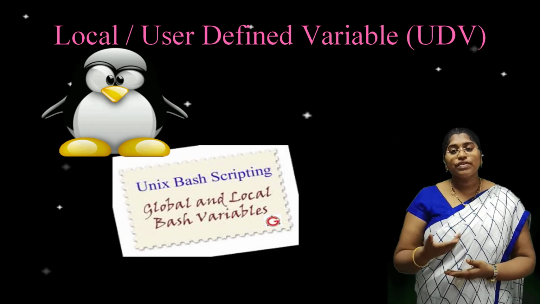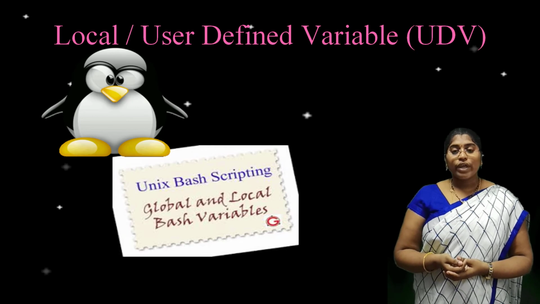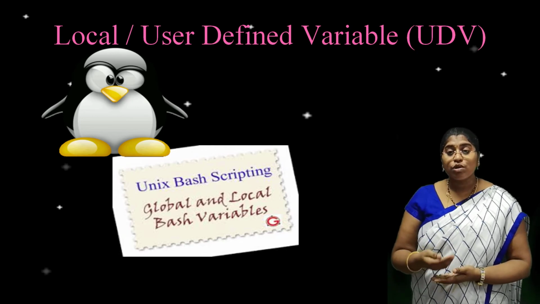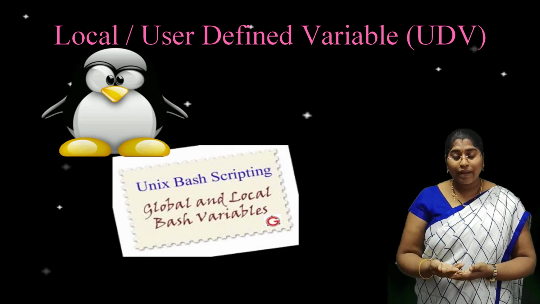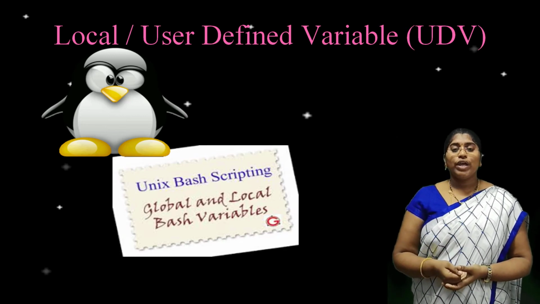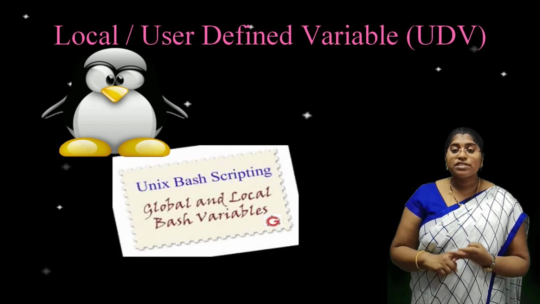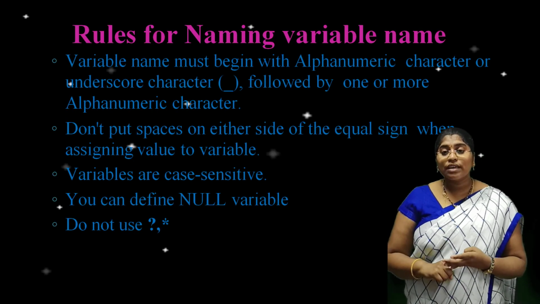So let's see the rules for constructing the variable name. These local variables or user defined variables are constructed with alphanumeric characters and underscore symbols. The first rule is that the variable name must be constructed with alphanumeric values.